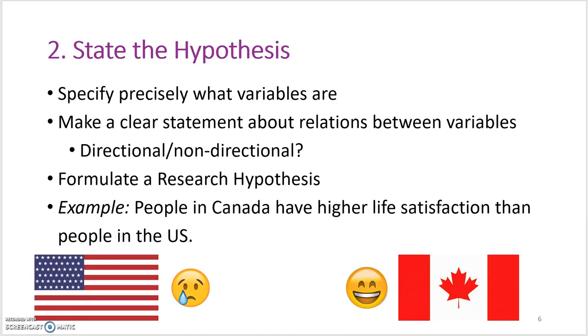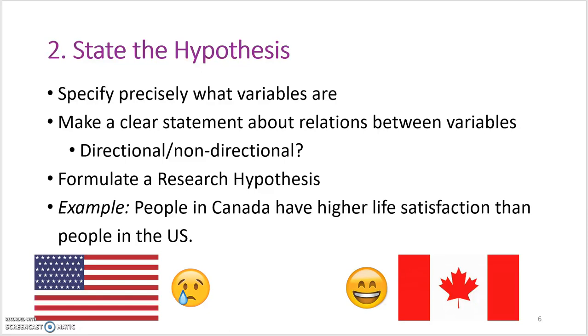After I have a research question, then I'm ready to conceptualize that question by stating my hypothesis. So first, I should have a clear understanding of what variables are important in my research question. My hypothesis should also explicitly state the relations between the groups or the relations between the variables of interest.